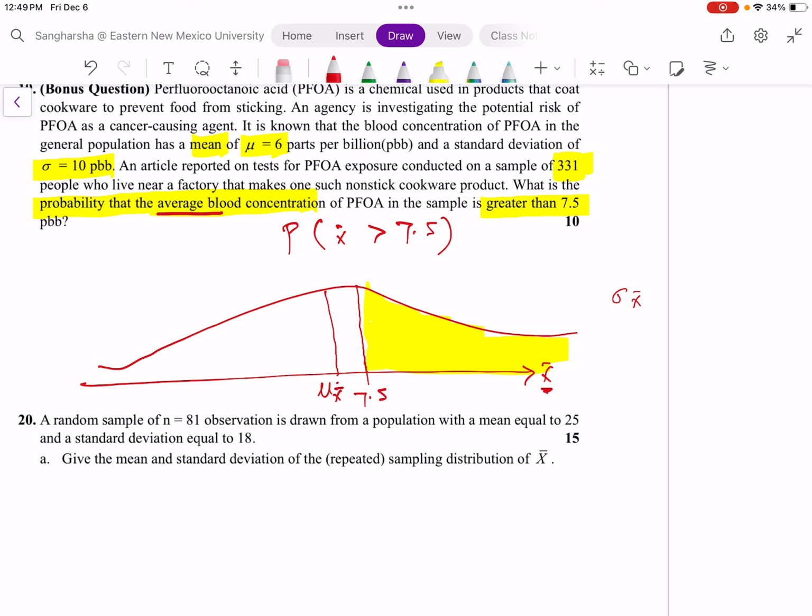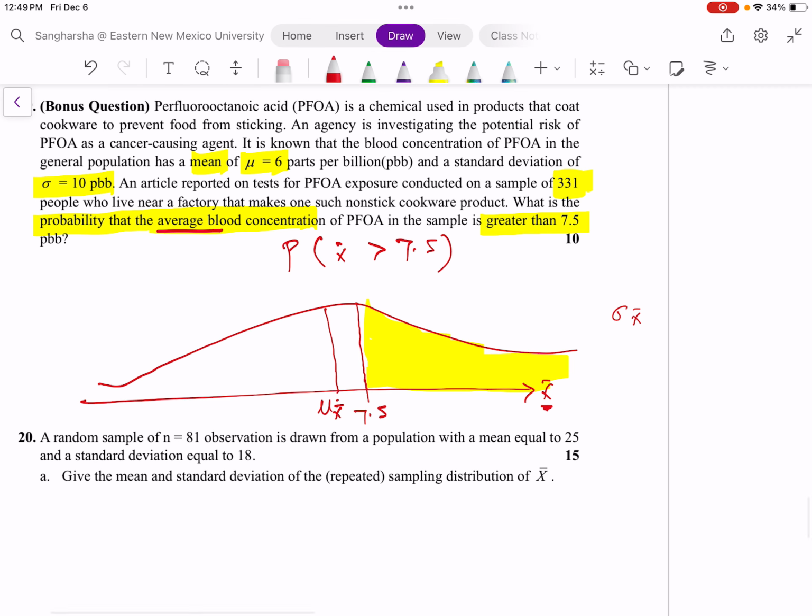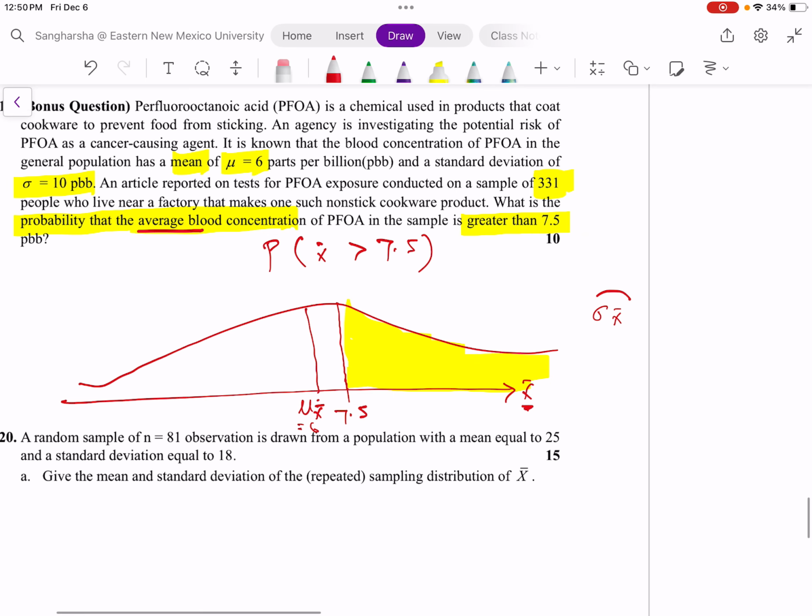So we need to know mu of X bar, and mu of X bar will be the same as mu from the central limit theorem, so this will be 6. But the standard deviation of a sampling distribution would be this 10 divided by the square root of the sample size, 331.